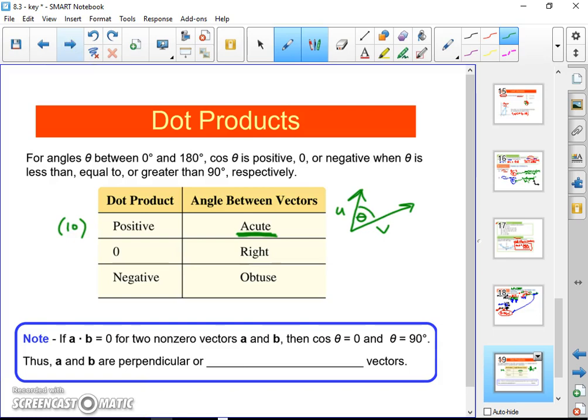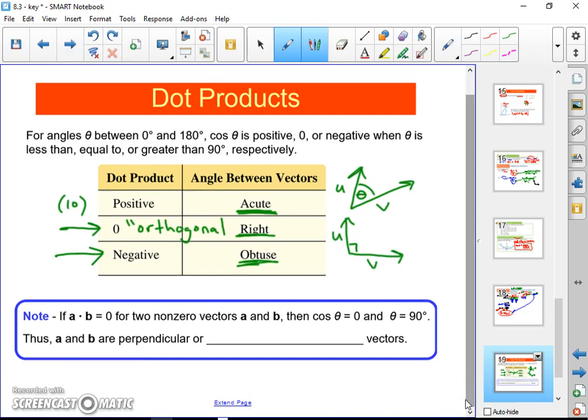If the dot product is 0, we call that orthogonal. And that's talking about a right angle, or a 90-degree angle in between the two vectors. So that's like if this is vector u, and this is vector v, and that's a right angle, those two vectors would be orthogonal. And then if you would get a negative value for the dot product, that's going to be an obtuse angle.